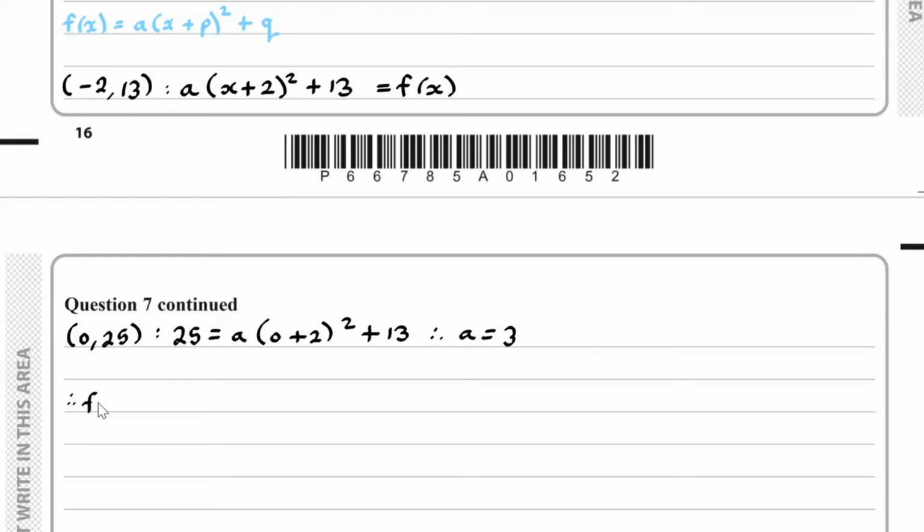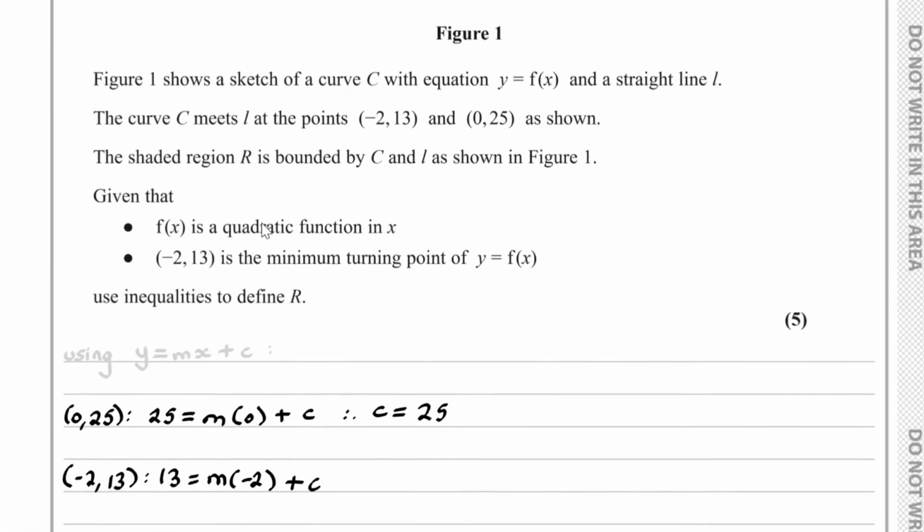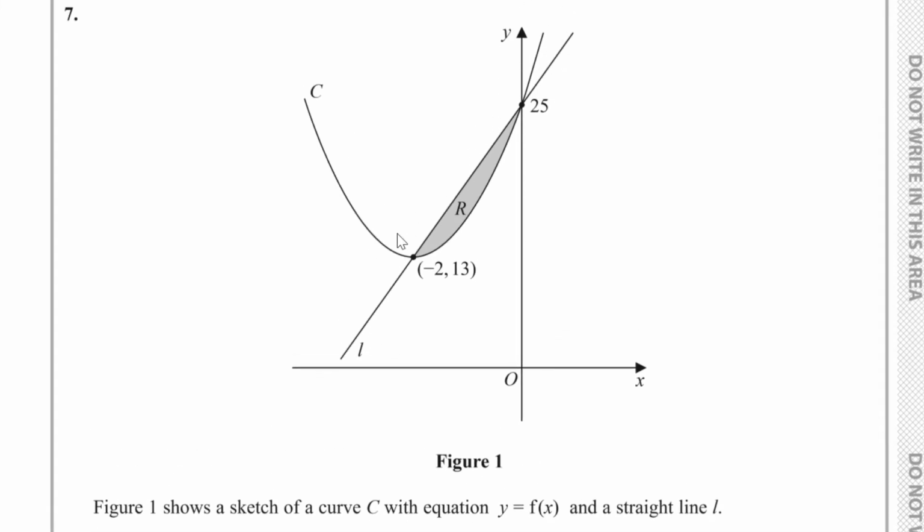So therefore f of x is equal to 3 lots of x plus 2 all squared plus 13. And if we go back to the diagram, we see that R is above f of x, but it's below L.